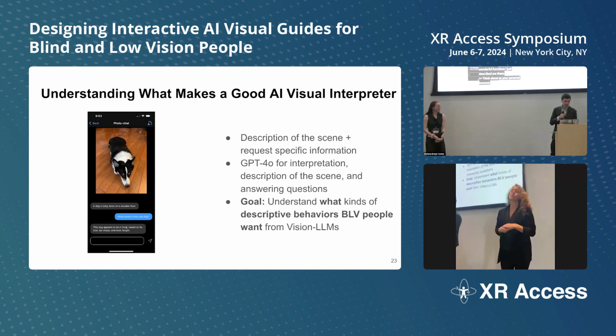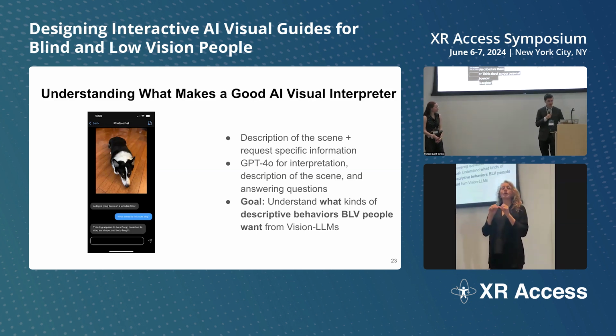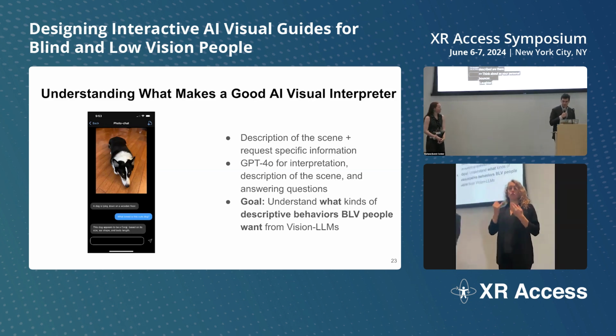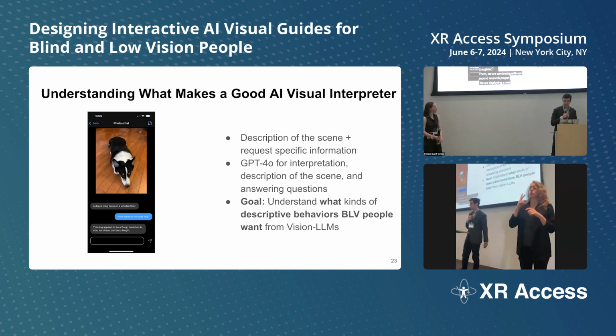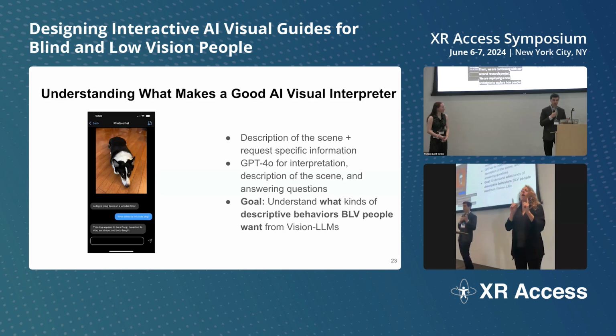And then continuing with our second research project, we are deploying a new prototype to explore how BLV people are using visual interpretation with conversational AI in the real world. We want to understand why some people succeed with them and others do not do so much.